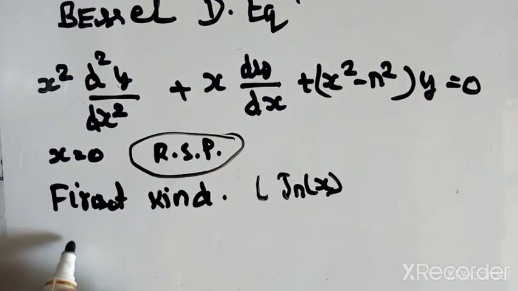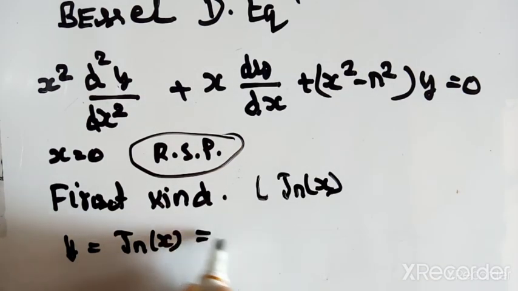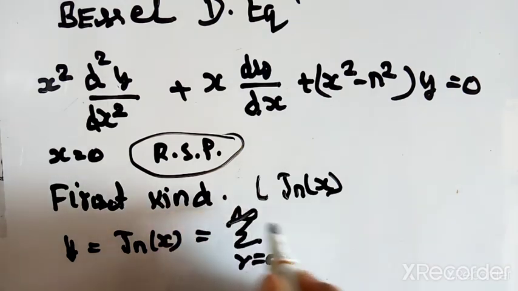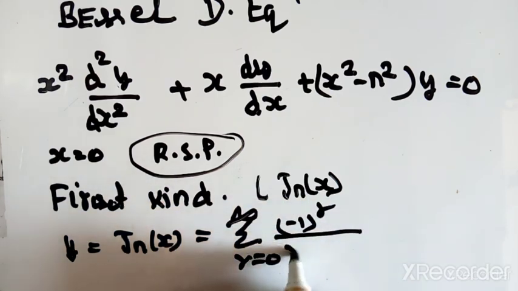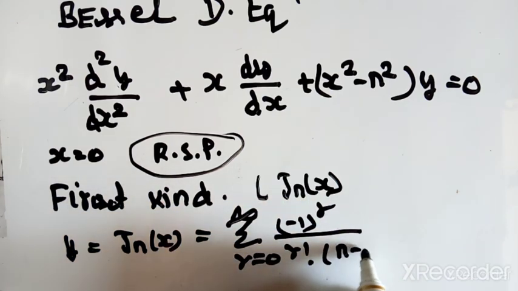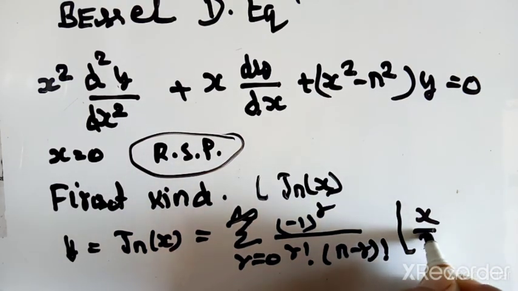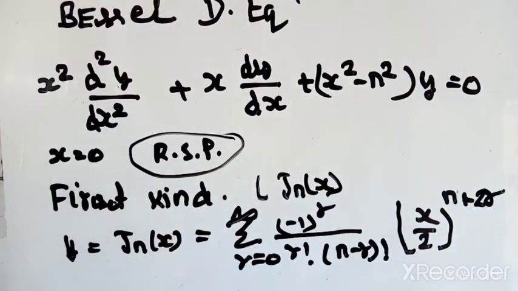After solving this equation we get y equal to J n of x equal to summation r from 0 to infinity of (minus 1) power r divided by r factorial (n minus r) factorial into (x over 2) whole power n plus 2r. This is our solution of Bessel differential equation.